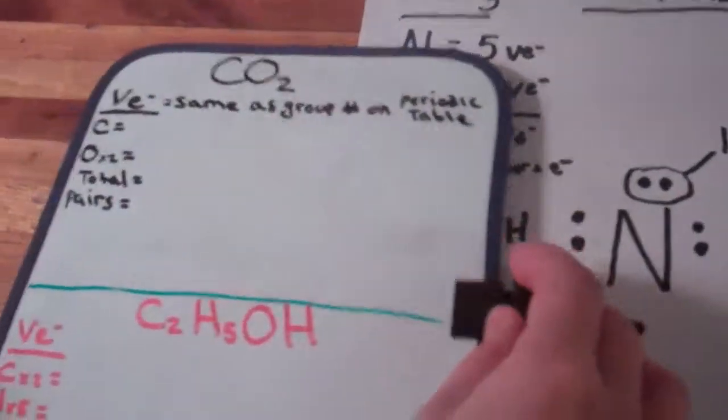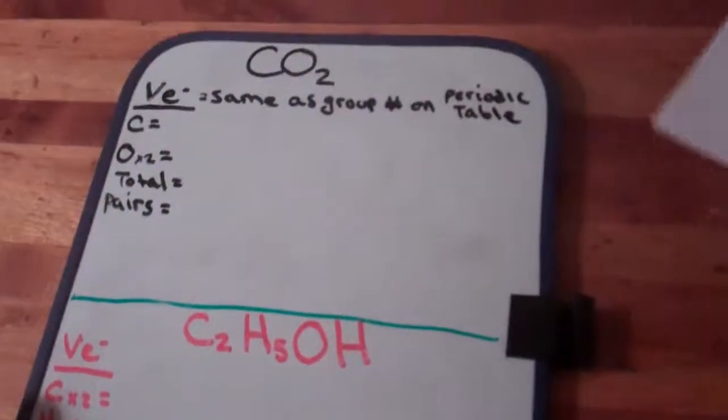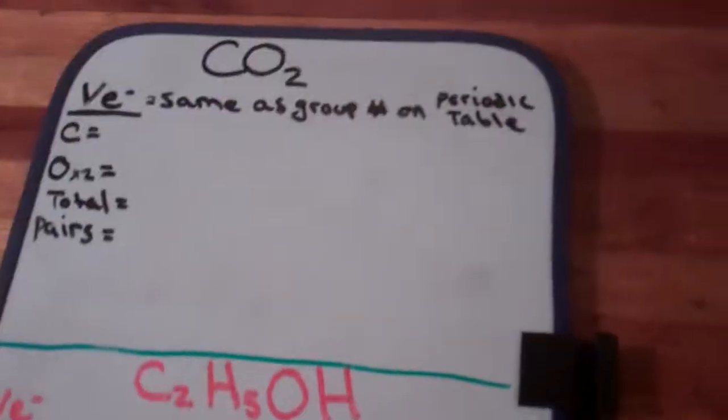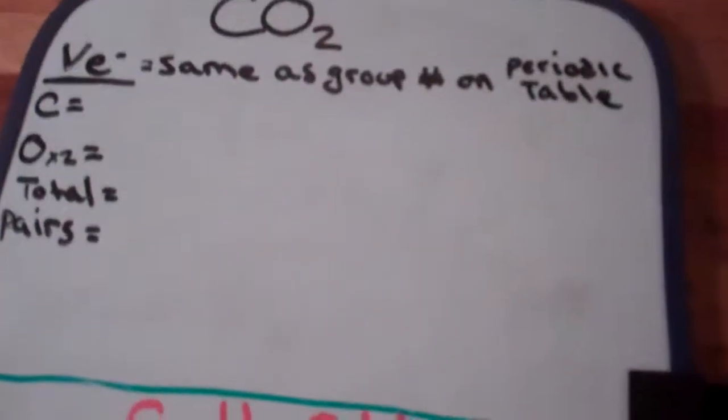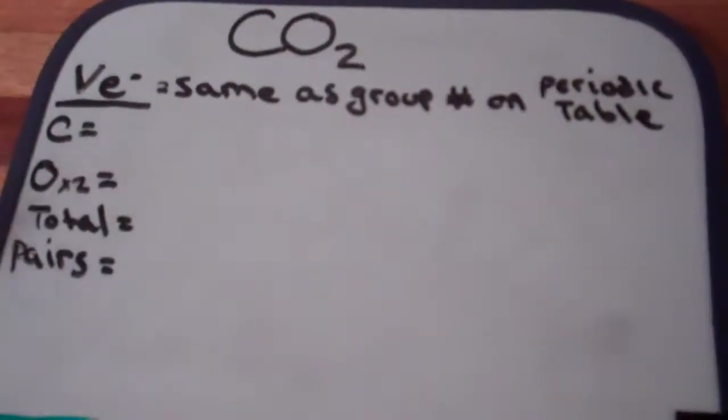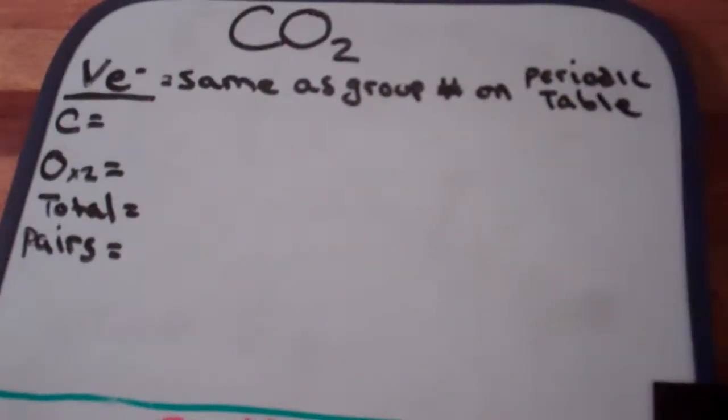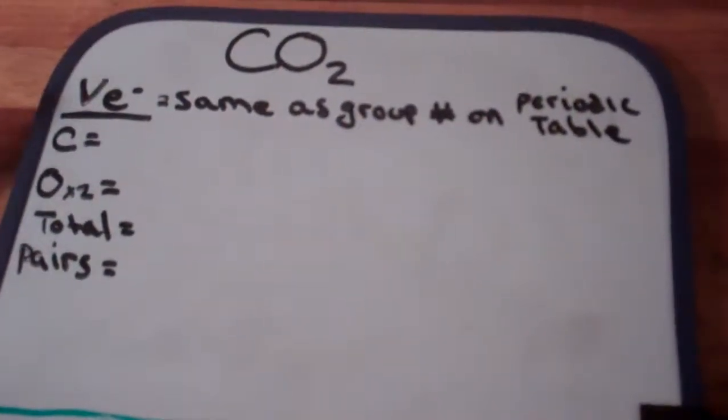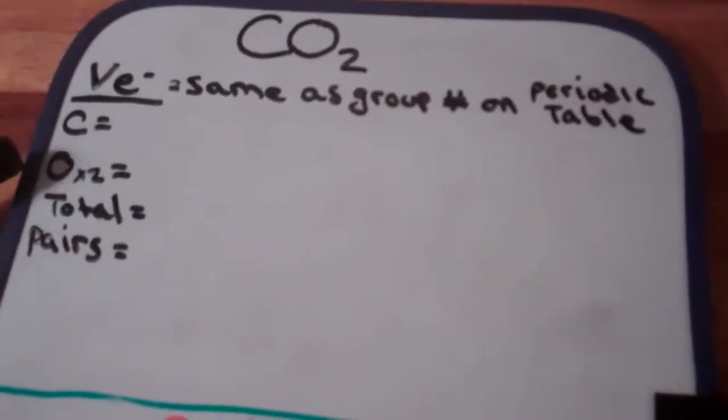Alright, so the first one we're going to do is carbon dioxide. So you see I already have set up for the valence electrons, the carbon and the oxygen.